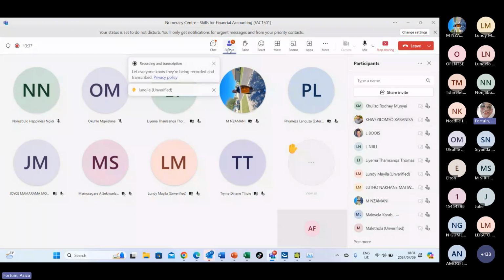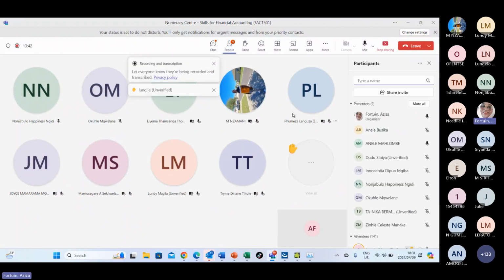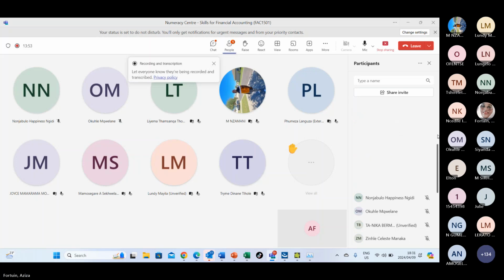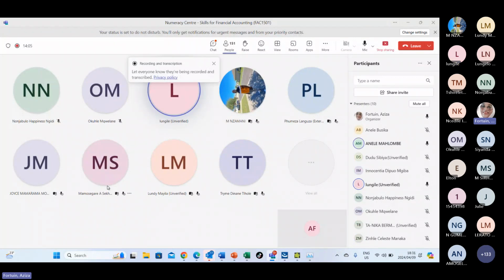Yes, there's a hand up. I think that's Dunkile. Lungile? Hi, ma'am. Okay, it's the same one I'm looking for. I thought now it's a male Lungile. Okay, we're just waiting for Okugle to open up a Excel.